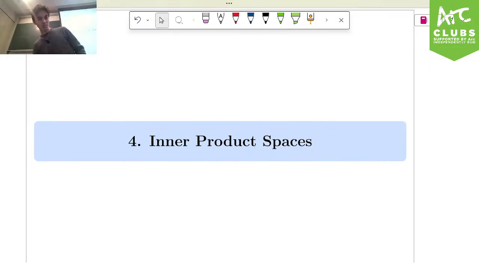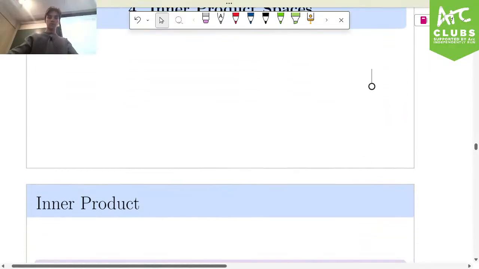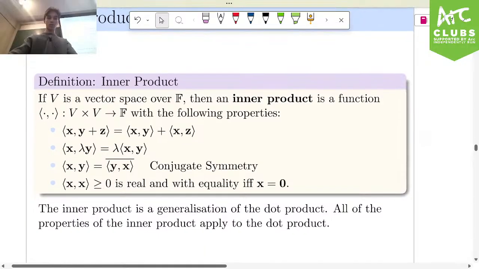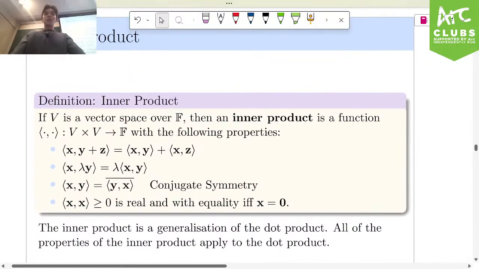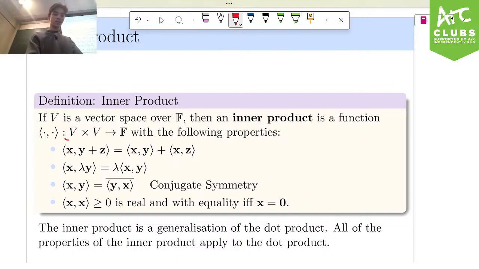All right, how's it going, everyone? Let's get started with inner product spaces. First things first, let's start with what the inner product is. The inner product is a function between two vectors in a vector space, right? But before we go through the actual properties of it, something to bear in mind: it's a generalization of the dot product that we're familiar with.